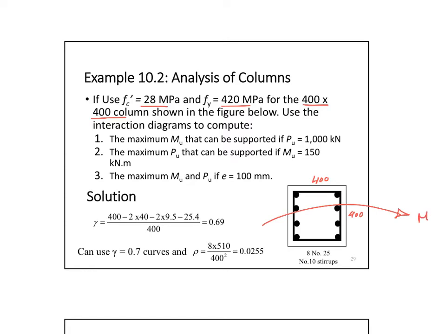And that moment will be resisted by those two-side reinforcements. Now, use the interaction diagrams to compute the maximum MU that can be supported if the column is subjected to a PU equals 1,000. And then the second question is the maximum PU if the column already has an MU equals 150 kilonewton meter, and the maximum MU and PU for an eccentricity equals 100.